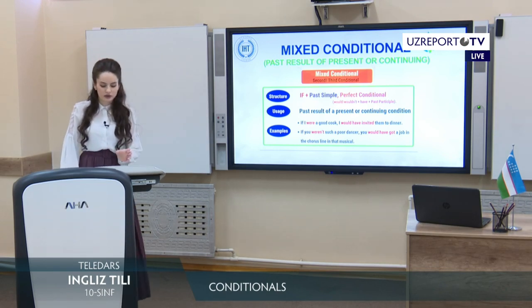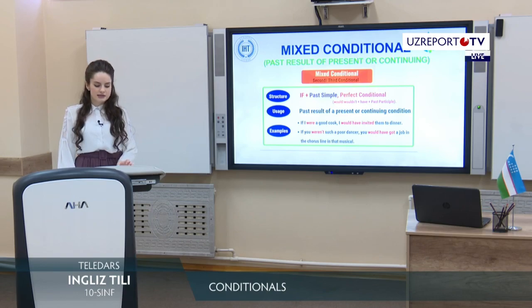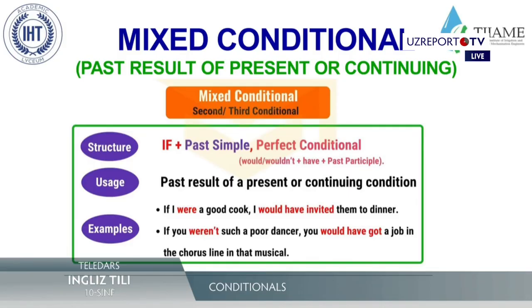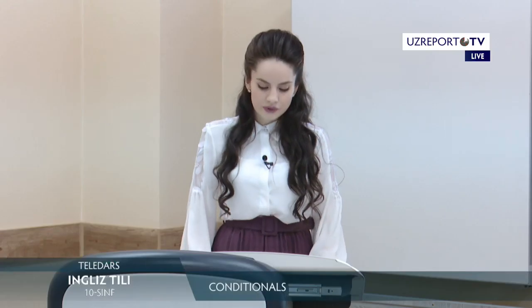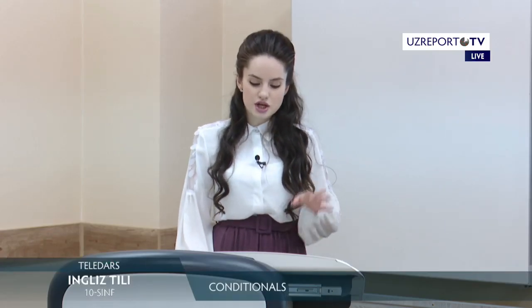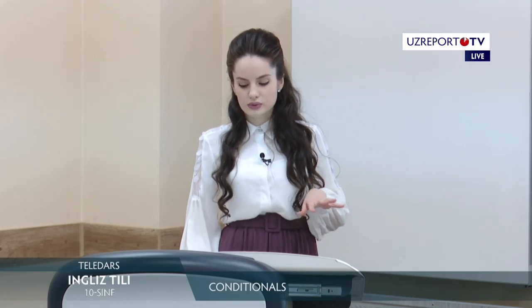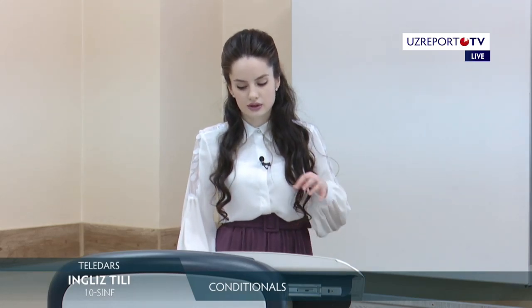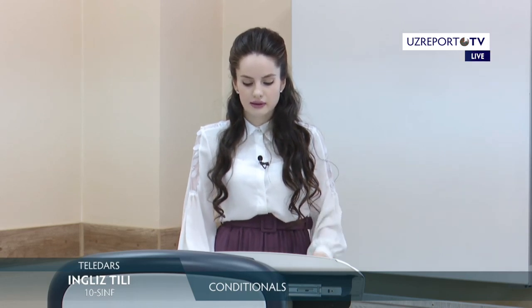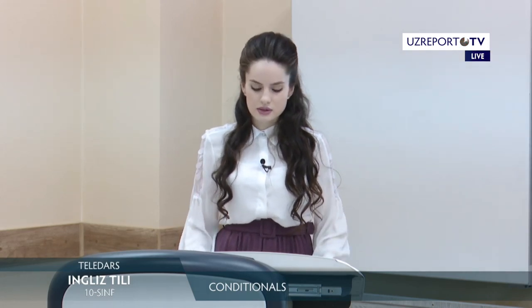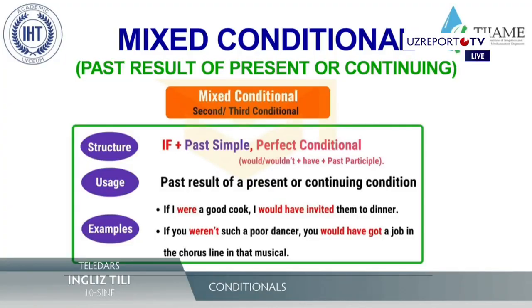So, again, look, the verb were is in the second form, and would have invited is the construction of the perfect conditional that we also use in the third type of conditional sentences. Or, if you weren't such a poor dancer, you would have got a job in the chorus line in that musical. So again, we have the result in the past and the condition in the present.